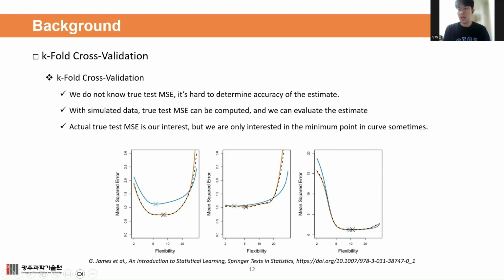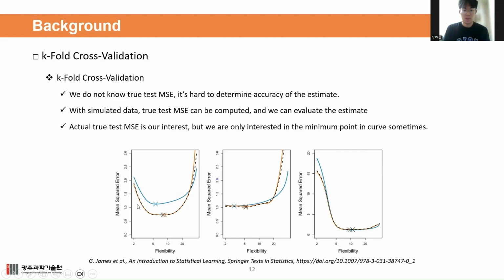But sometimes we are only interested in the minimum point of the MSE curve or the cross-validation MSE curve. As you can see here, the blue lines of each graph mean the true MSE.